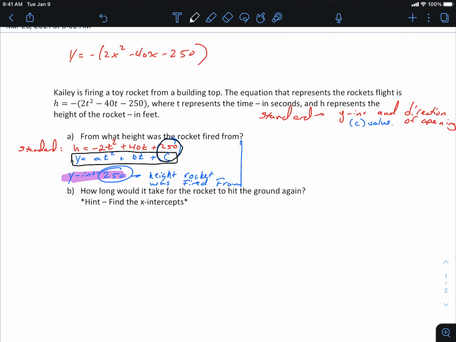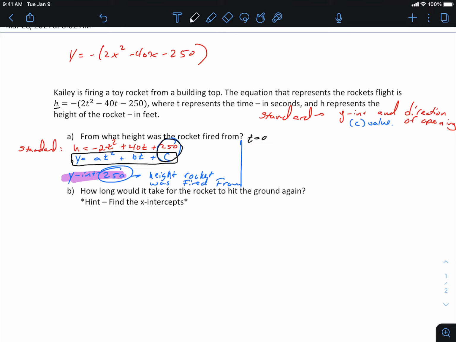Now nobody's answered the question yet. So before I fired this rocket, has anybody started the stopwatch? The answer is no, right? So if nobody started the stopwatch, then t is going to equal 0. This is our initial value, right? If t equals 0, I want to find out what h is. We know how to do this. It's just a more complicated equation.